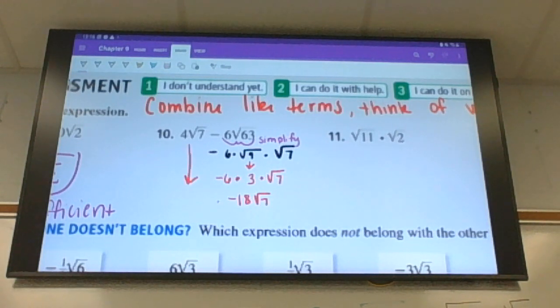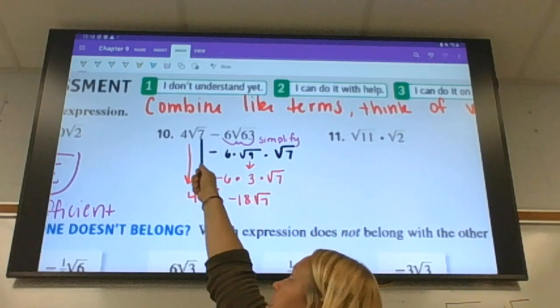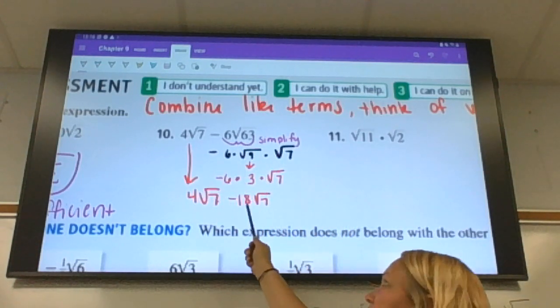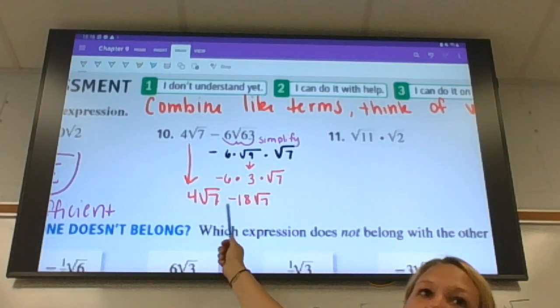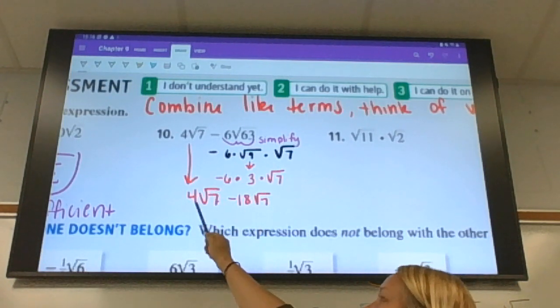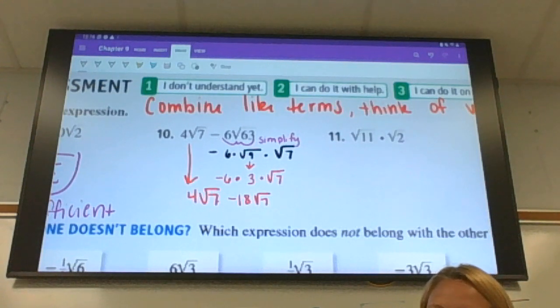The 4 is still here. So it's 4 square root 7 minus 18 square root 7. Initially, they did not seem like they were like terms, but once we simplified this, they both have the same square root. So this is 4 take away 18, negative 14 square root 7.